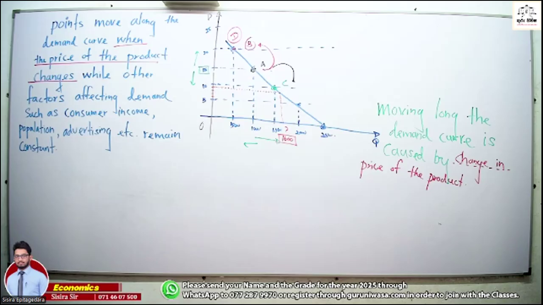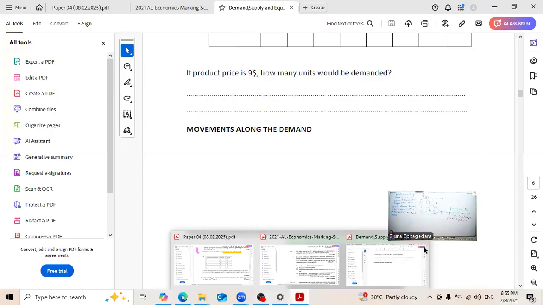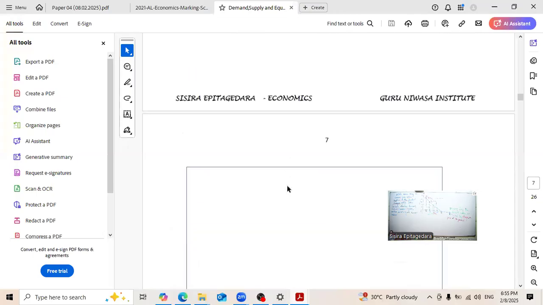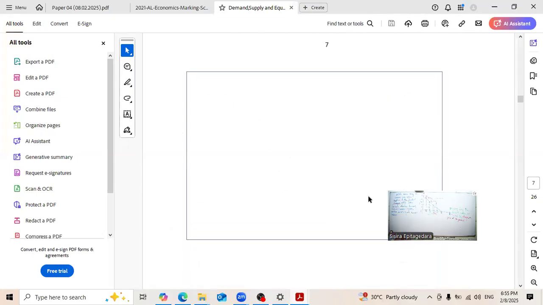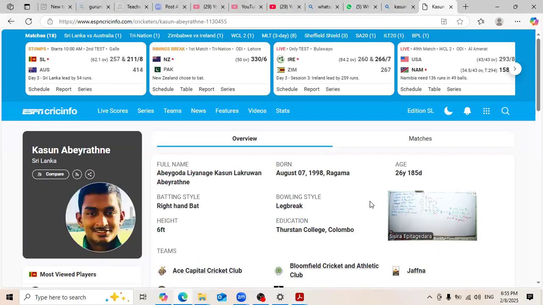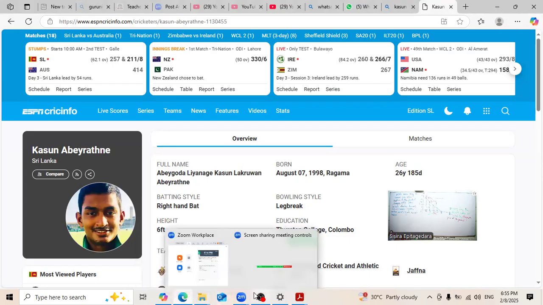Okay, right. Now you can move to the next page. Movements along the demand curve. Then you can see there's a box, right? Inside the box, you can draw this diagram, which is on the board. No need for prices and all, you can just draw it. I'll show it. Give me 1 minute.